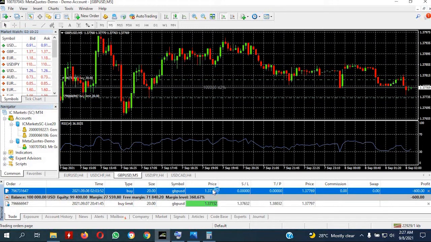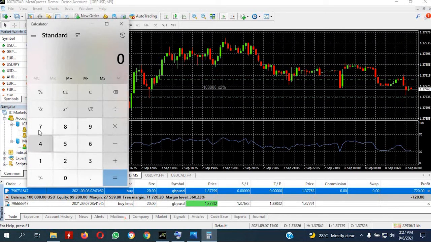So for this one, this is the current price, right? 1.37799. So far I'm risking a 100 pip stop loss. So for the stop loss, I'm going to minus 100 from the 7966.